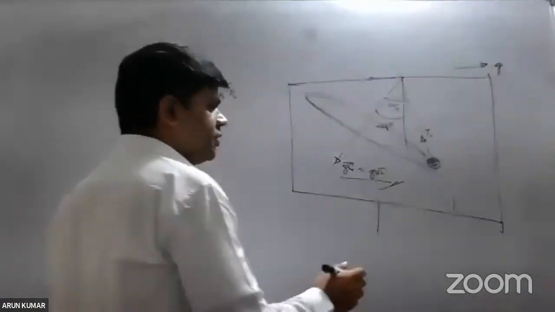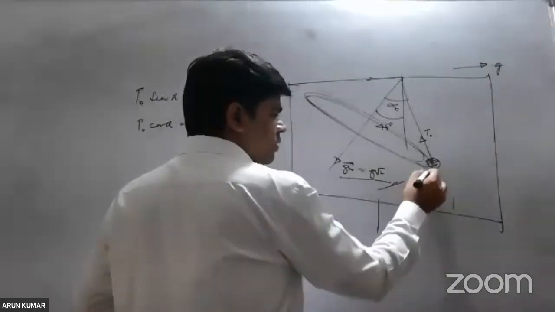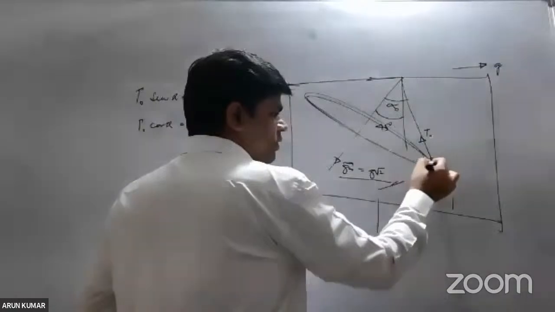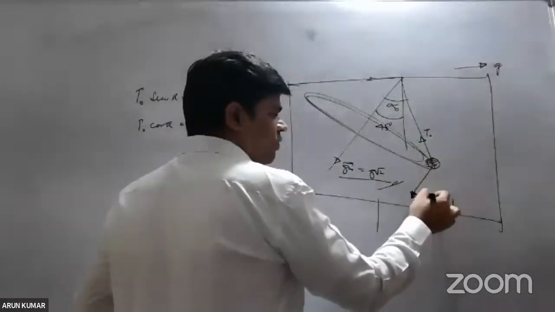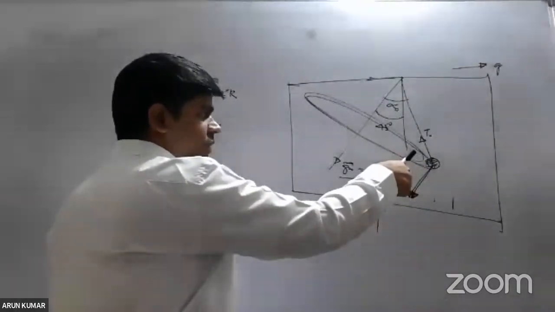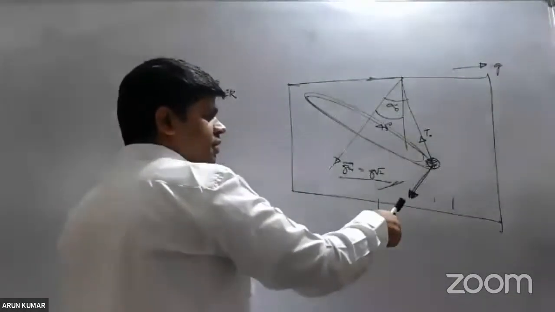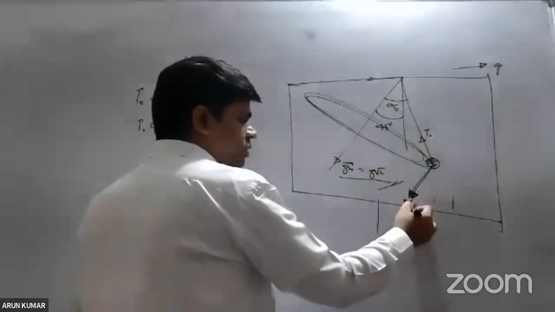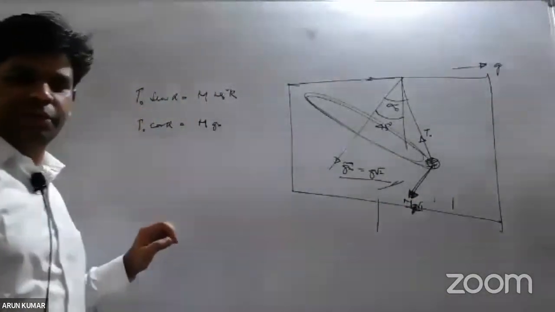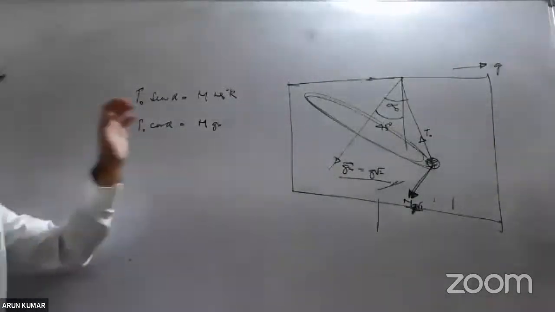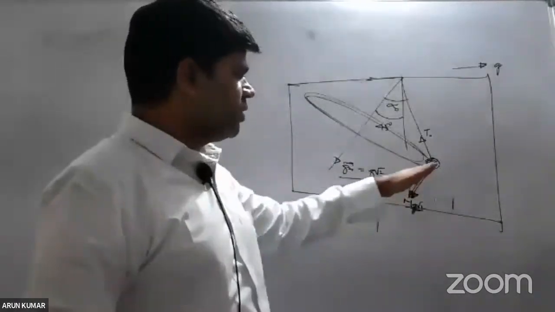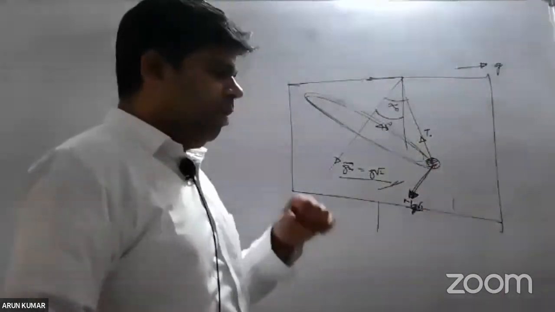Because my force now will be in this direction. That is the pseudo force, and the resultant of the pseudo force and the gravitational force will be in this direction, at an angle of 45 degrees with the vertical. M times g root 2 is the force equivalent to gravitational force, because the whole of my universe is now tilted. When I talk about gravitational force, I mean it at an angle of 45 degrees with the vertical.